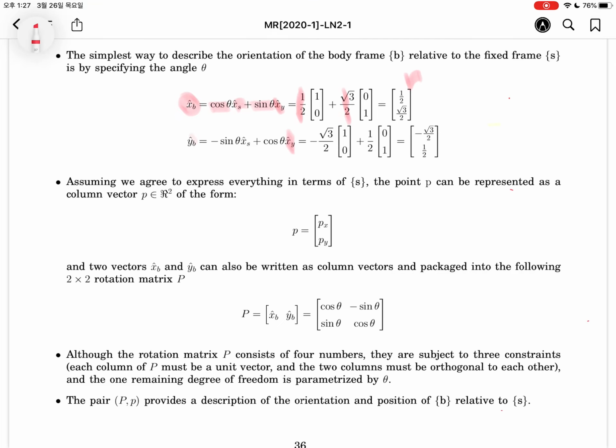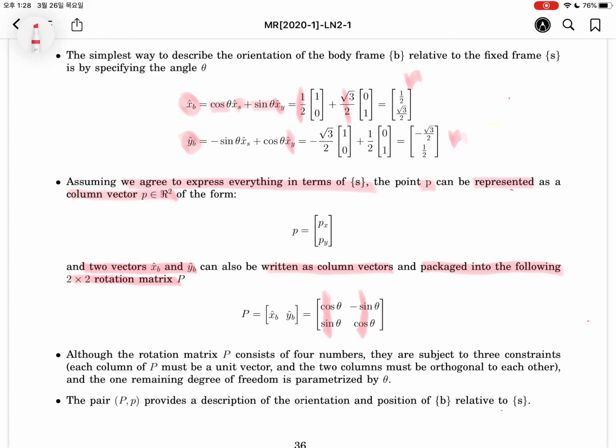If we agree to express everything in terms of the space frame S, the point P can be represented as just a column vector P. On the other hand, the two vectors xb and yb, the unit vectors of the frame B, can also be written as column vectors and packaged into the following 2x2 rotation matrix. This column is xb, and this column is yb.